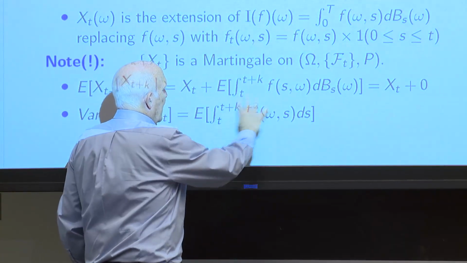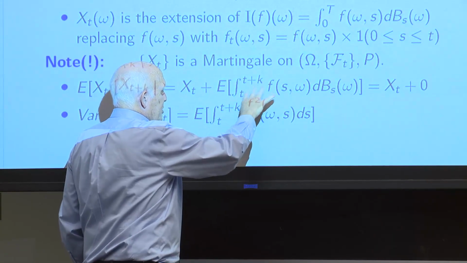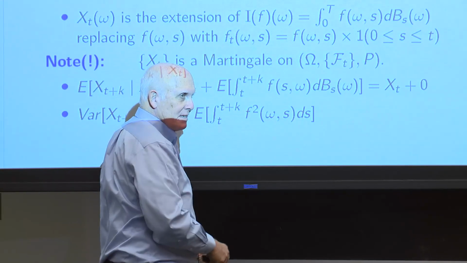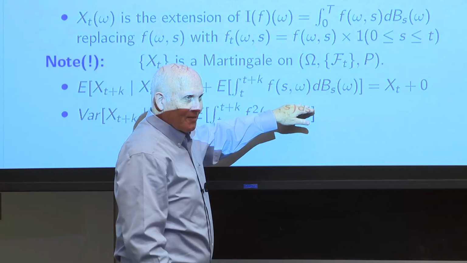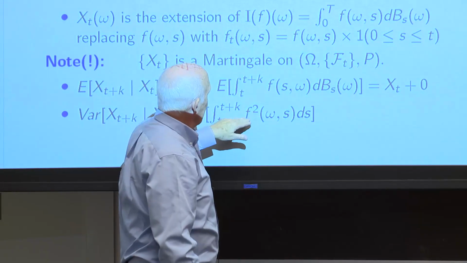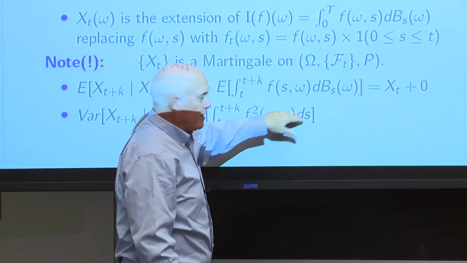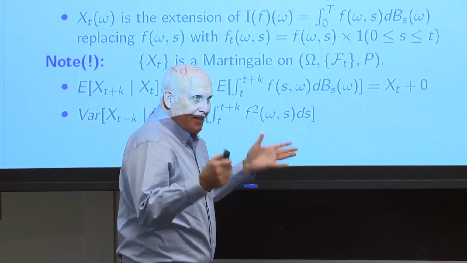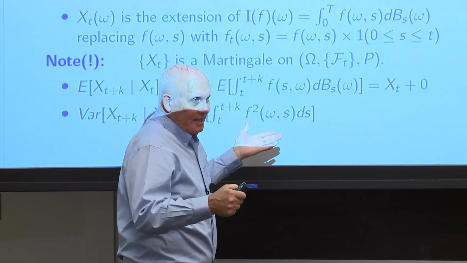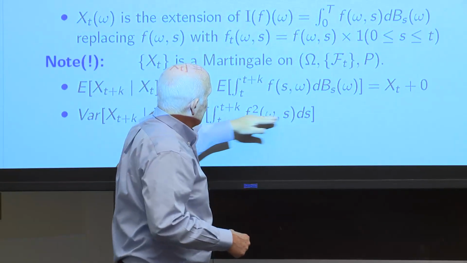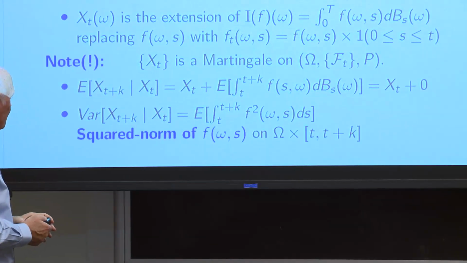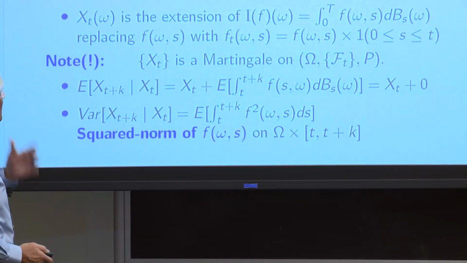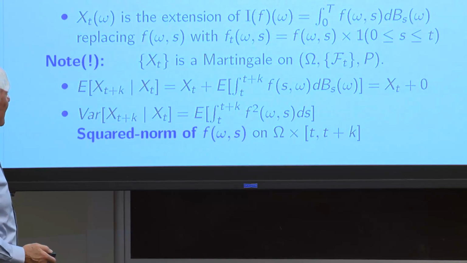When you look at the variance of the discretized sum of increments, you get the discretized sum of variances of those increments, which are f squared, and the dB squareds are dt. So this simplifies for the variance to that term.